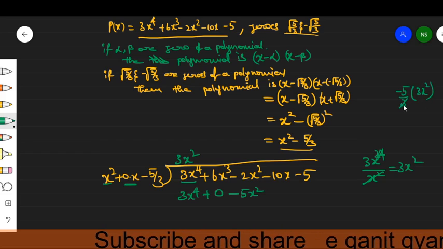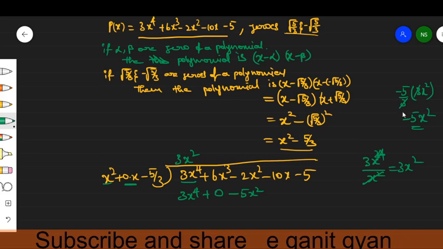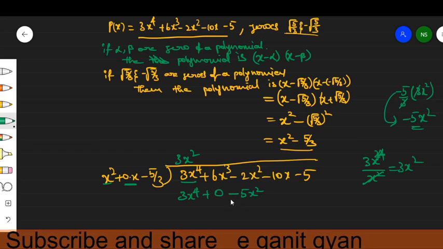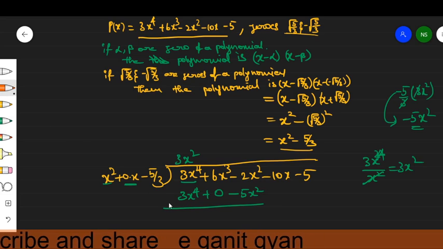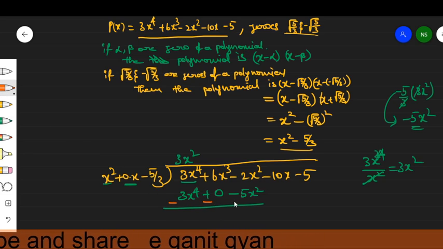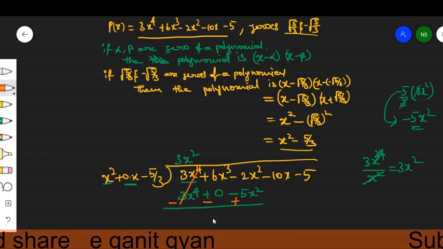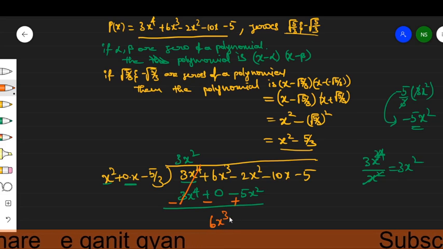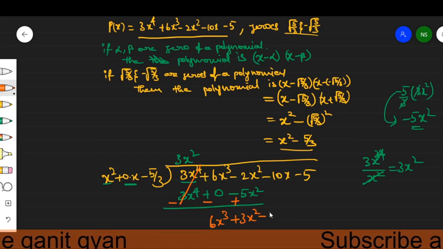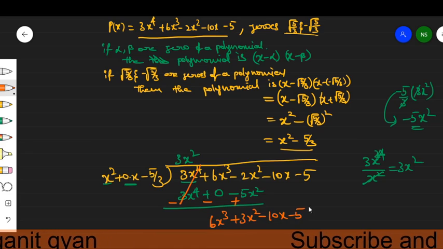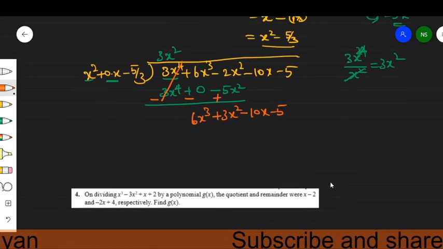If we calculate, the 3 will be cancelled and we will be left with −5x². Now here, compulsorily we should change the signs to subtract. I will get 6x³ as it is, plus 3x² − 10x − 5, so that I will continue the process further.